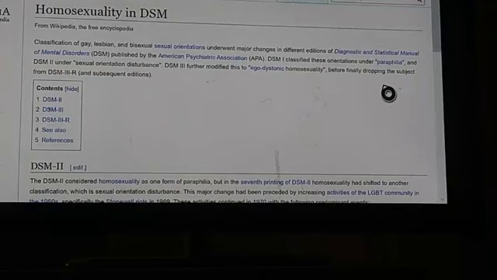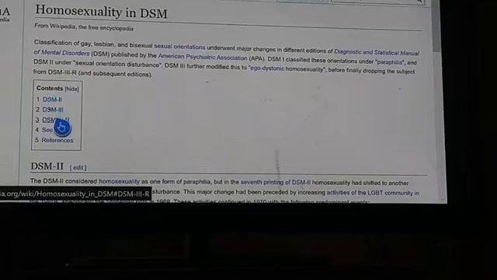Now, the reason I said it was intriguing was because this manual has had different versions, as you can see. The DSM 2, 3.